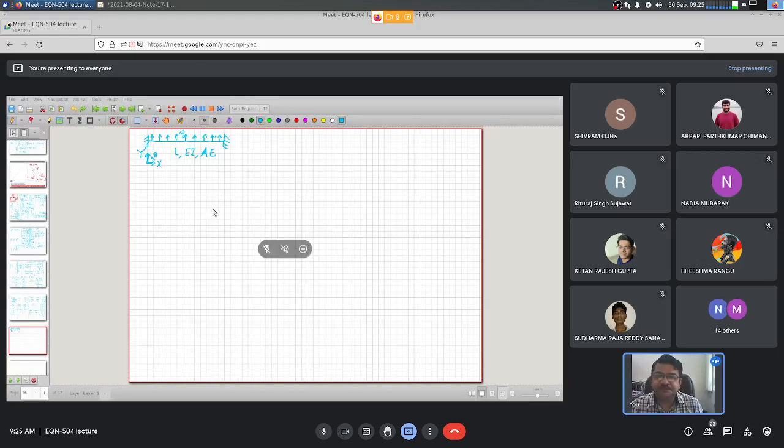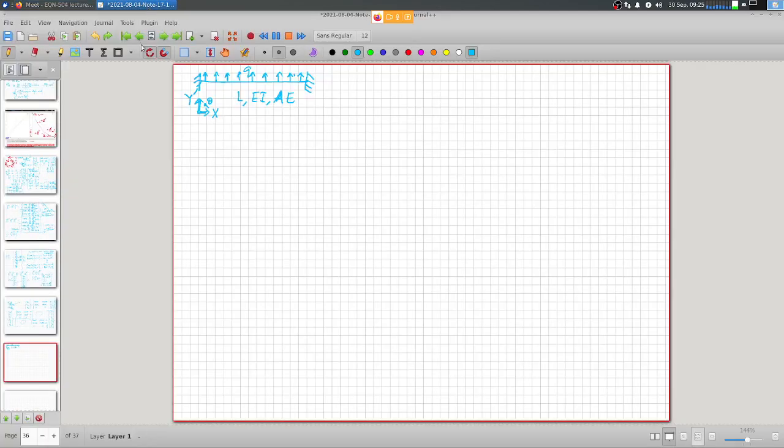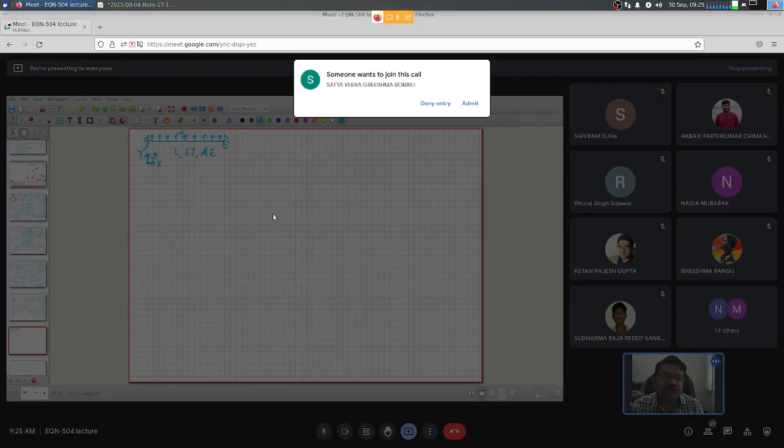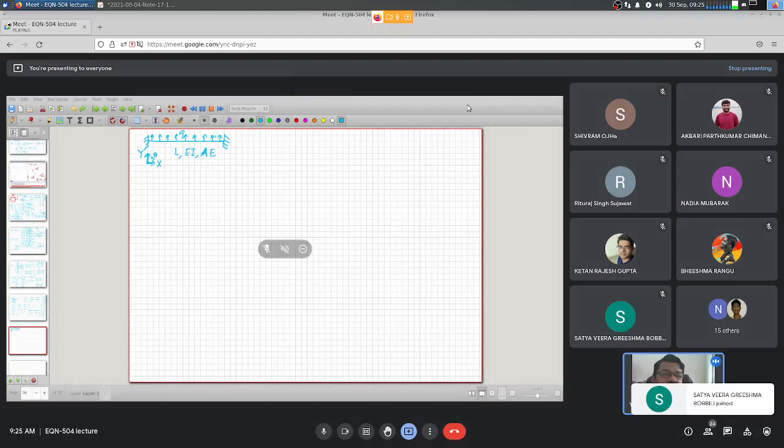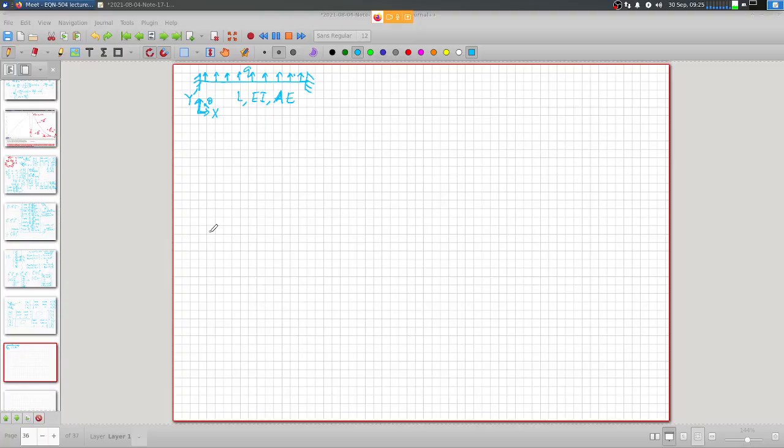Right? So the problem was to develop a finite element model for the analysis of this fixed beam, uniform fixed beam.